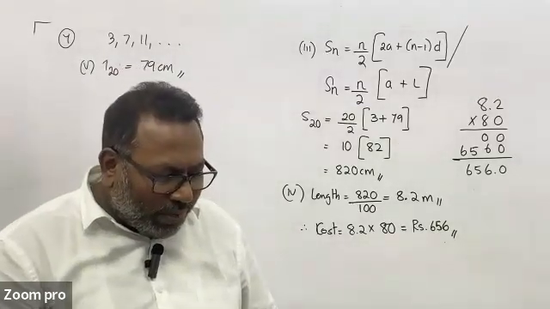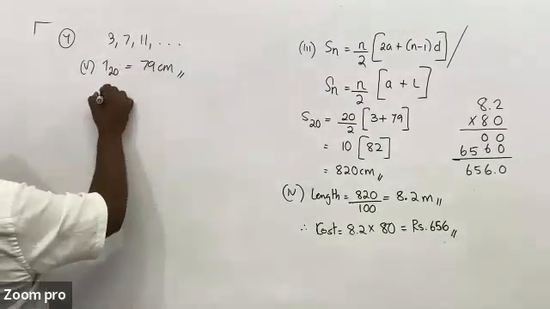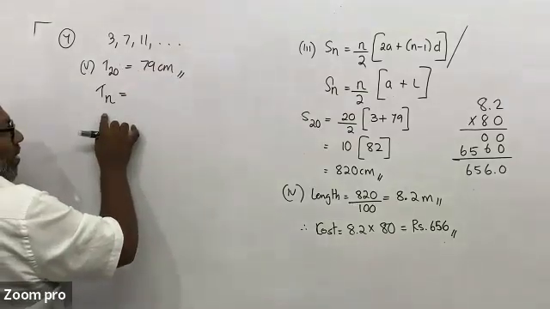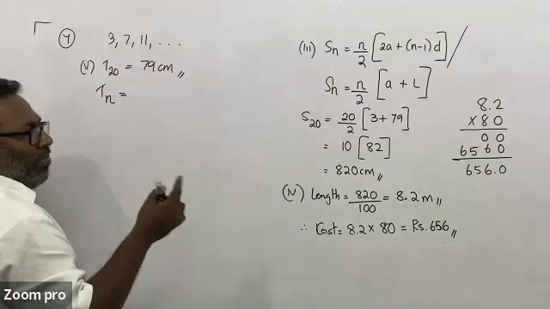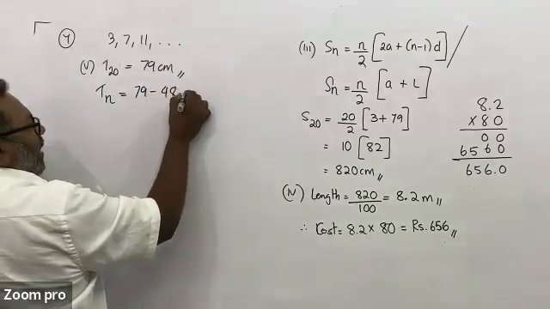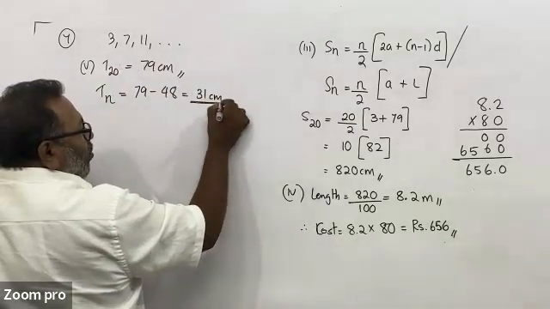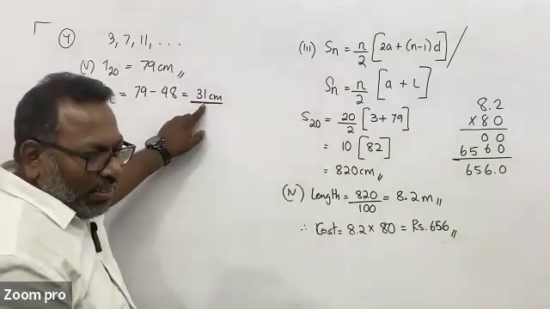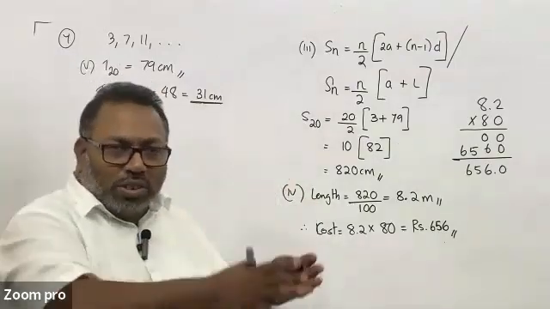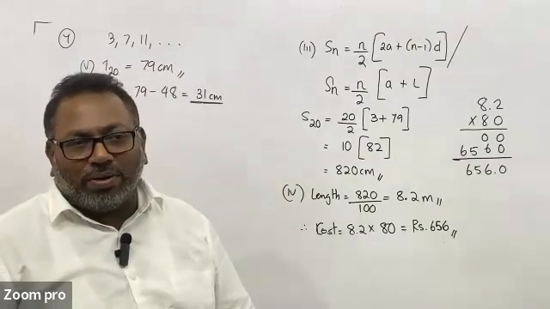They want to find out which ribbon is 48 centimeters less. So 79 minus 48, that is 31 centimeters. So the ribbon which is 31 centimeters, they want you to find out which ribbon it is. Is it your 4th ribbon, or your 5th ribbon, or your 7th ribbon?